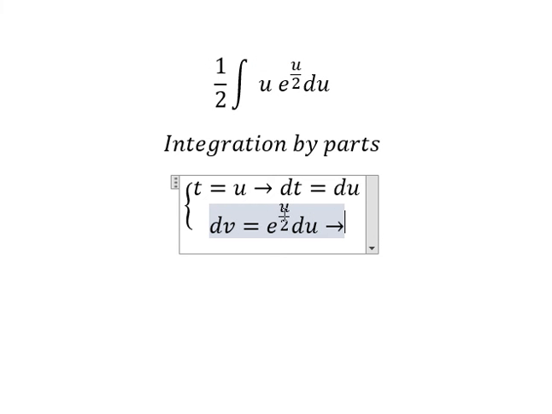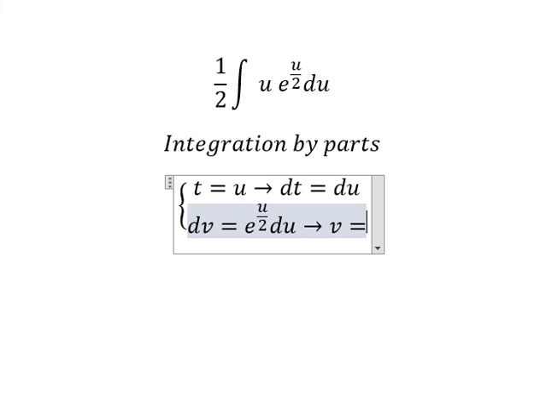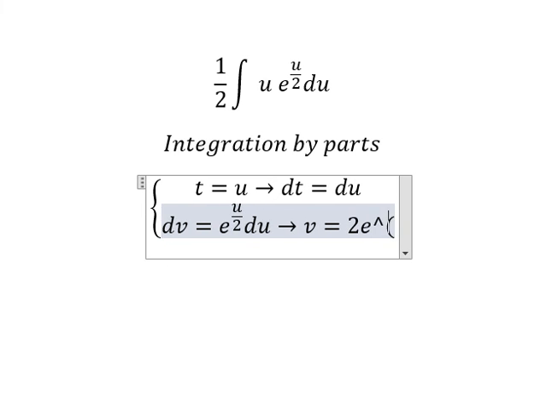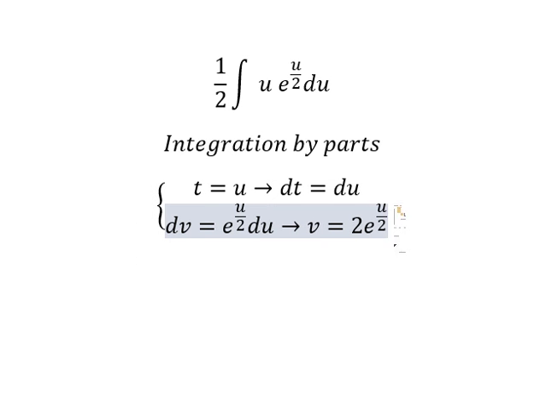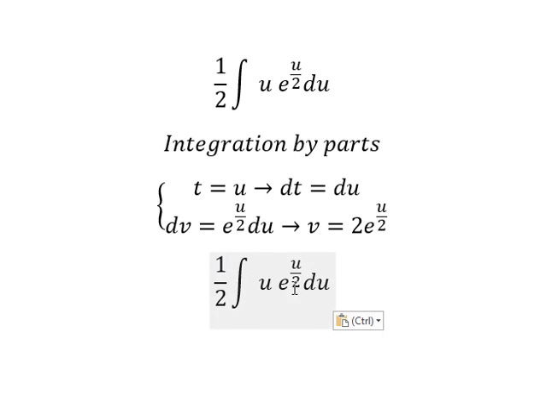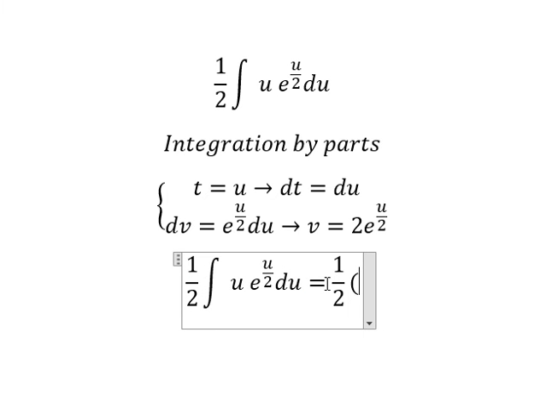The integration of this one, we have number 2 e to the power of u over 2. Number 2, that's the coefficient from 1 over 2 next to u in here. Because we still have 1 over 2, we keep 1 over 2 in here.